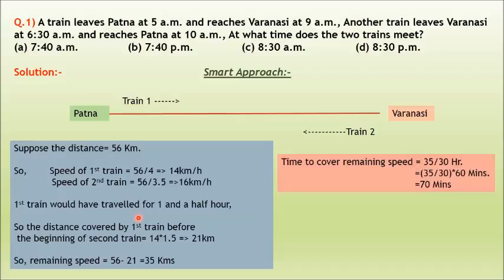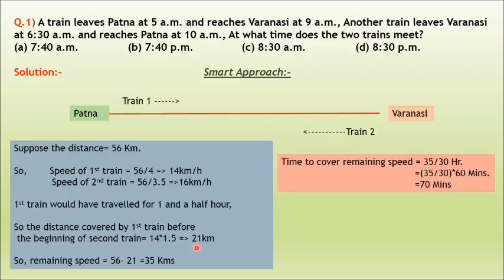And it means the first train would have covered 21 km of the distance, as it covers 14 km in 1 hour, so it will cover 7 km in half an hour, so it will cover 21 km in 1.5 hours. So the first train would have covered 21 km of the distance before the second train starts proceeding.